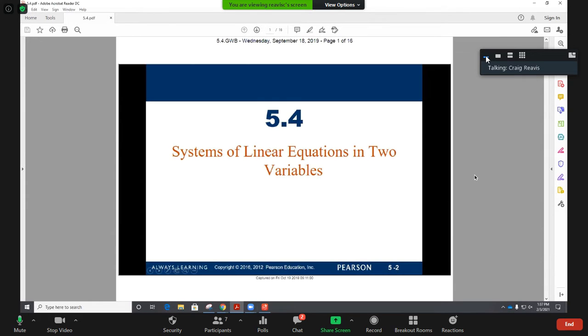So basically what that means is we're going to have two equations of lines. All right, and basically we need to find out where these two lines cross each other, where they intersect. That's basically what we're doing. We're going to talk about three different ways to do it. All right, based on how the equations are set up, we'll determine what's going to be the easiest.